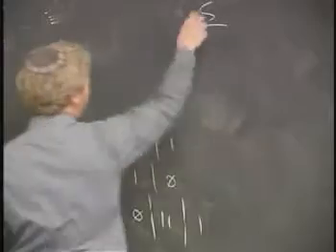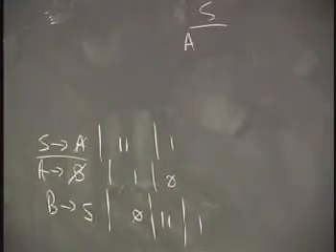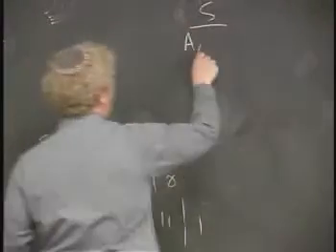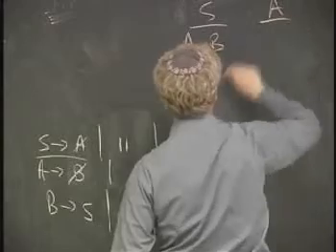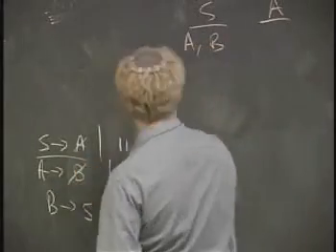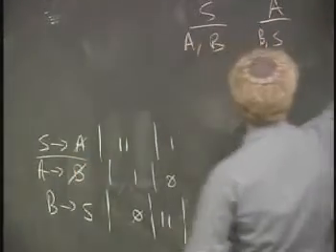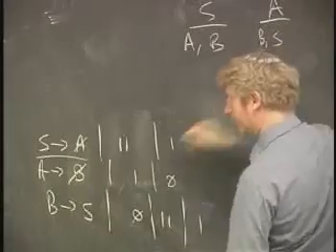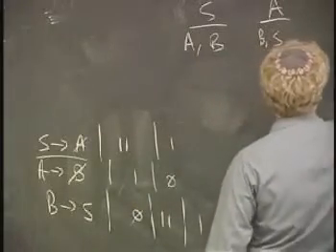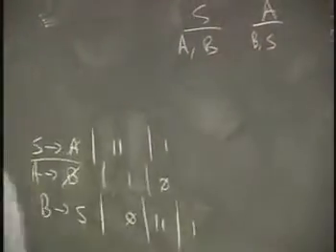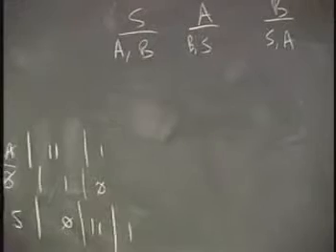For S, it can go to A and it can also go to B. What about for A? A goes to B and B goes to S, so it gets 2. And what about B? S, and then A. You first make these lists, so you have a whole list of the unit productions.